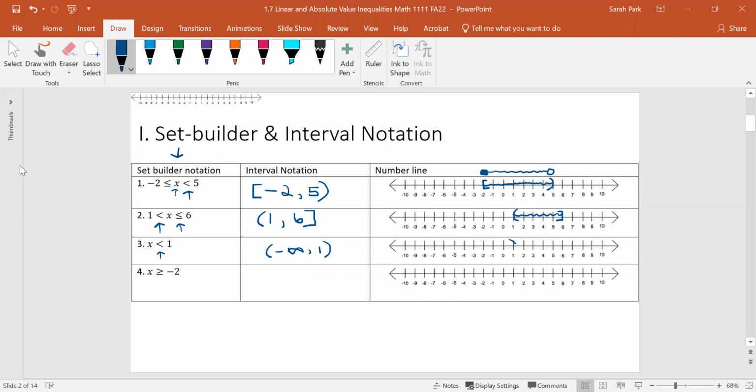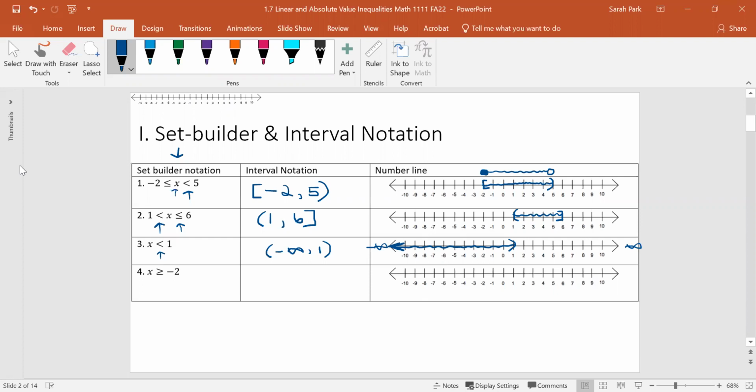On the number line, at 1 we put an open parenthesis. The left side along the negative values is -infinity, and the right-hand side is positive infinity. So we shade everything to the left and draw an arrow, because we're covering all the values going towards the negatives.